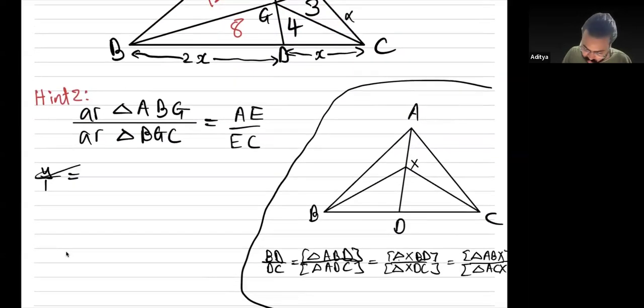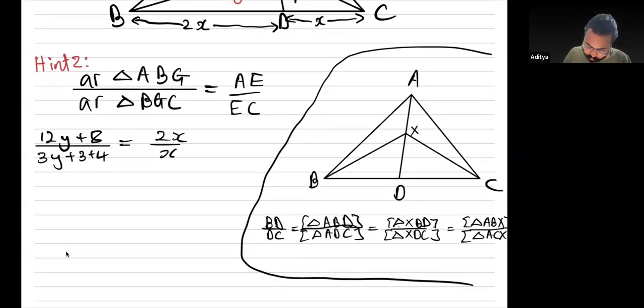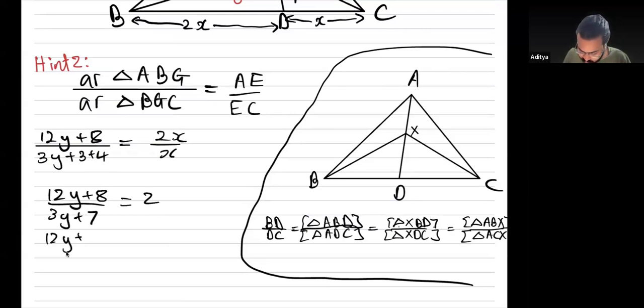So you get 12y plus 8 divided by 3y plus 3 plus 4 is equal to 2x upon x, and solving this you get 12y plus 8 upon 3y plus 7 equal to 2, and 12y plus 8 equal to 6y plus 14, or 6y equal to 6 and y equal to 1.